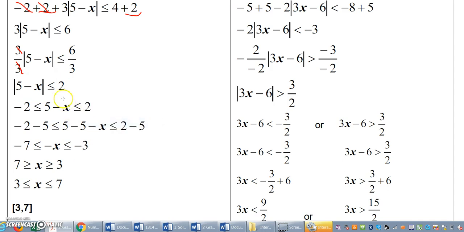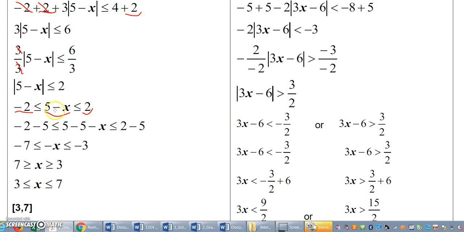Okay, now remember the property for the less than case. The property for the less than case says you take the expression out of the absolute value, and then you put it less than or equal to positive the number, and then greater than or equal to negative the number. And so then we have to solve that inequality.